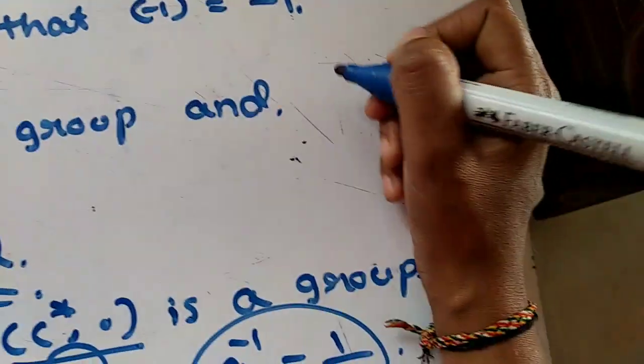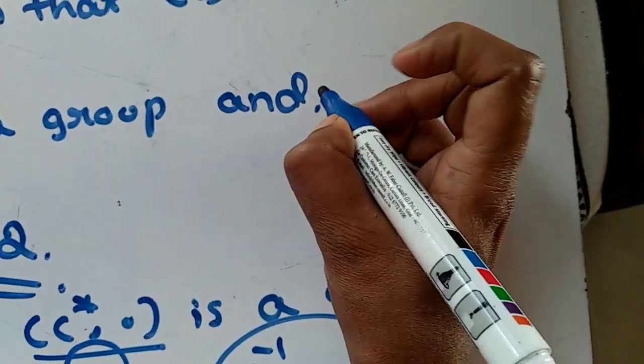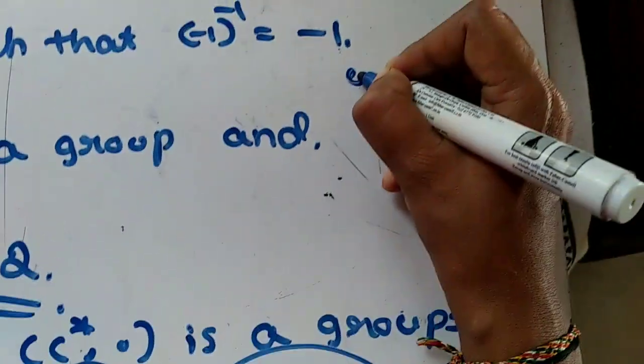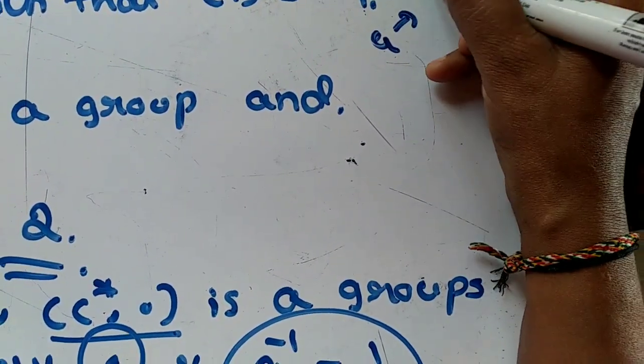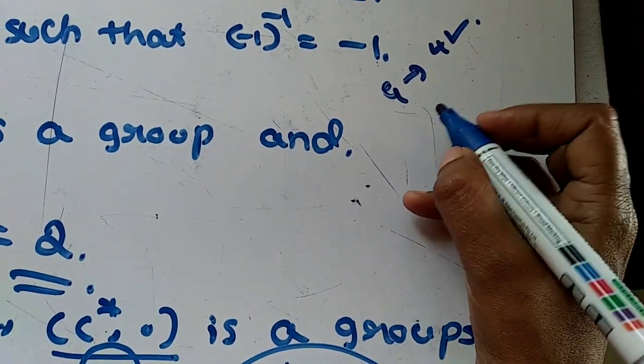Let me recall today's topic. For checking whether something is a group or not, only 4 laws should be satisfied.